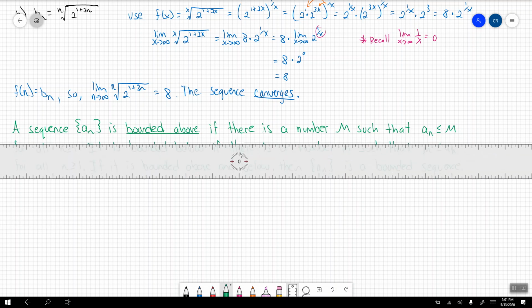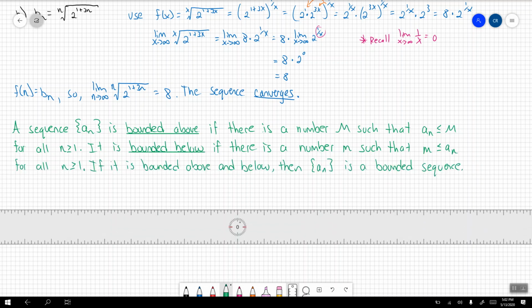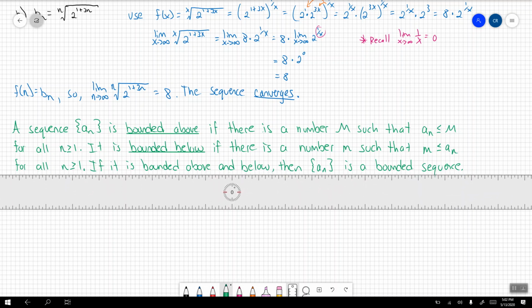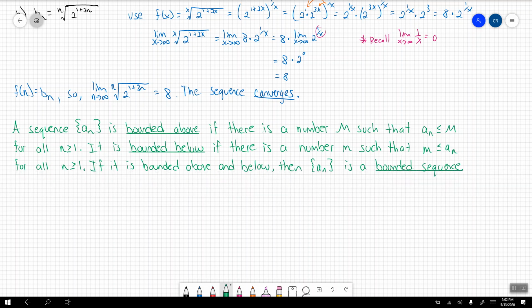Similarly, if we are bounded from below, that means we attain, or try to attain, a number that is the lowest number within that sequence. It might attain it, it might not. The next one says that if it's bounded above and below, then we have a bounded sequence.